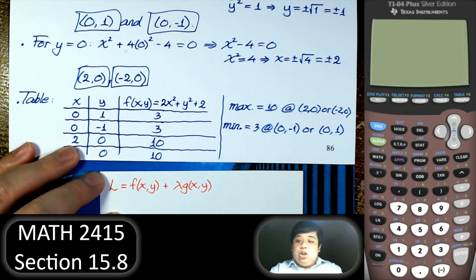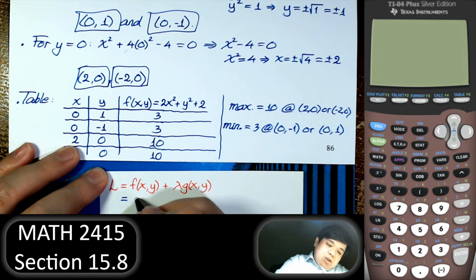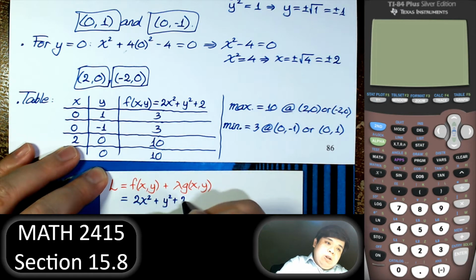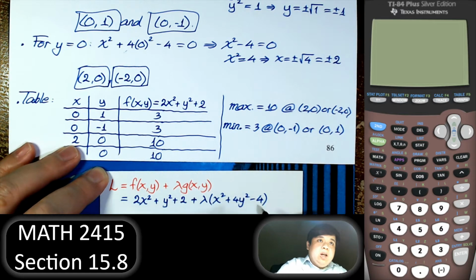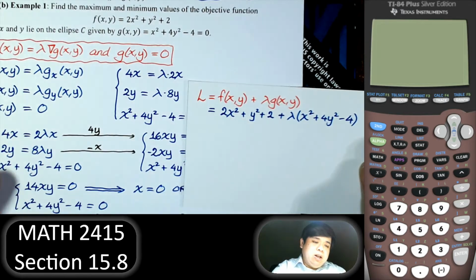Now I put everything into just one function. f of x is 2x squared plus y squared plus 2 plus lambda g of x, y, x squared plus 4y squared minus 4. So I construct one function like this. I'll get back to this in a minute.